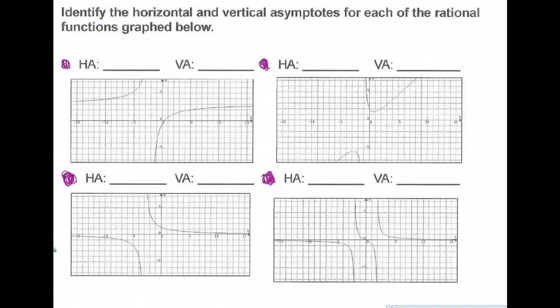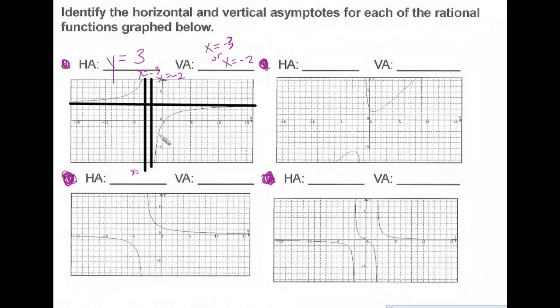Let's identify the horizontal and vertical asymptotes for each of the rational functions below. The horizontal asymptote is at y = 3. The vertical asymptote is hard to tell. At this point, there's not enough graph to tell if x = -3 or x = -2. So I'm just going to write them both down, because this one later on could possibly come down here, or this one could possibly come up here.